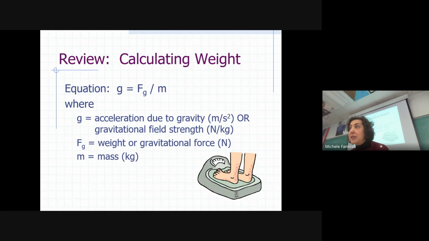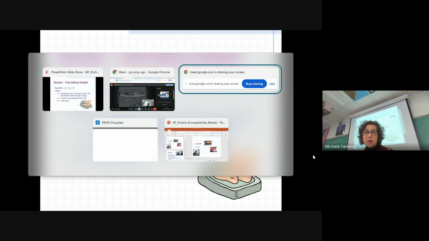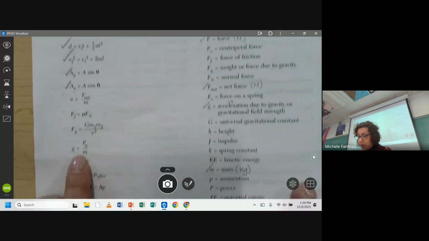All right, so let's do some review. In order to understand friction, we do have to understand what weight is. And this was part of your video notes on Monday that I asked you to take. We calculate weight using that equation, g equals Fg divided by m. Let's just double check that you checked everything off here on your reference table, page 6.